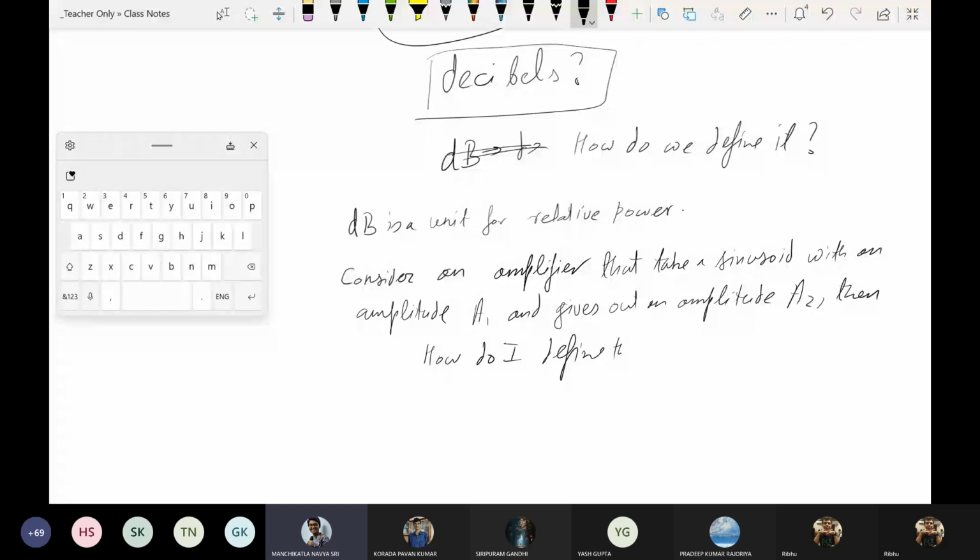But amplifiers were originally designed for audio, and humans perceive sound in the log scale.